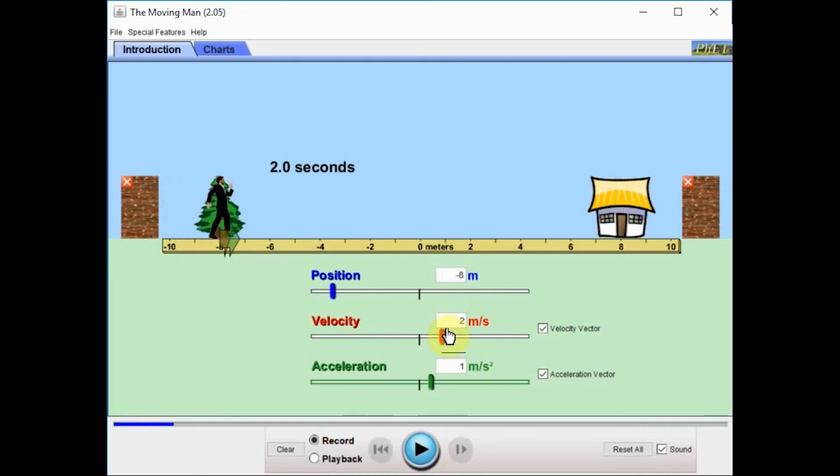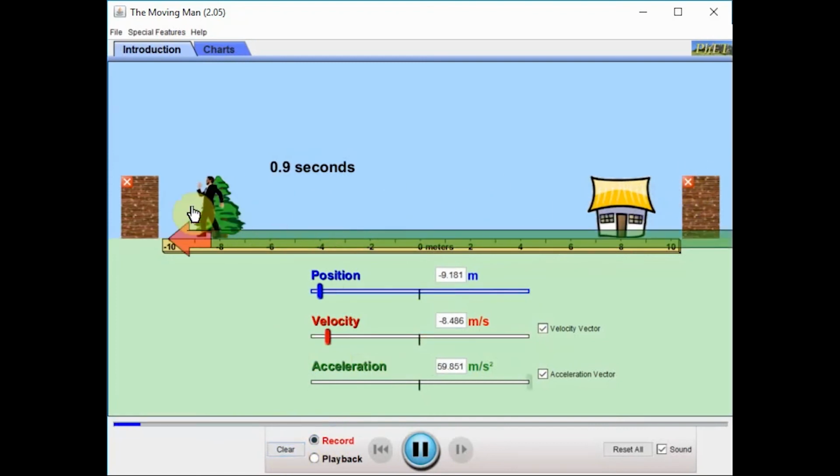At 2 seconds, it's 2 meters per second. At 3 seconds, it's about 3 meters per second. My acceleration vector is not changing here, but as we click play, the red arrow gets longer and longer as it moves until it crashes.